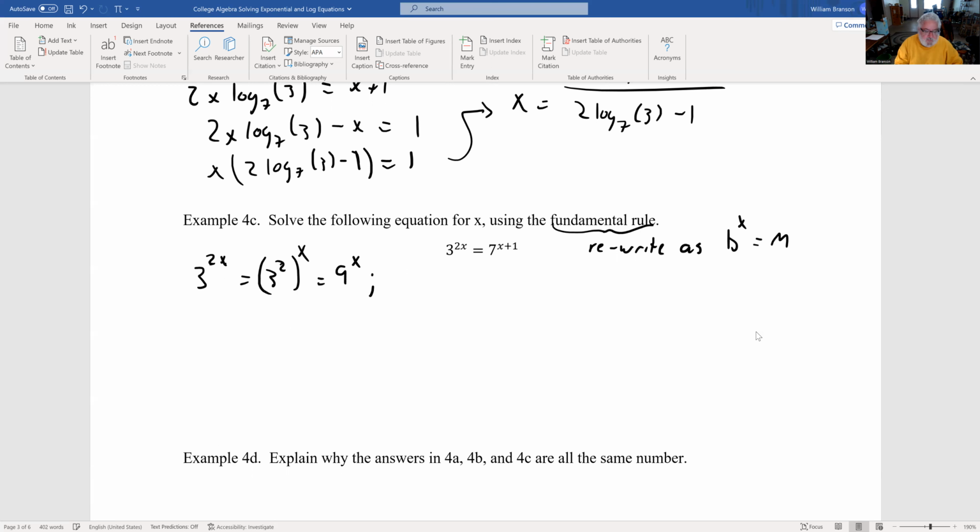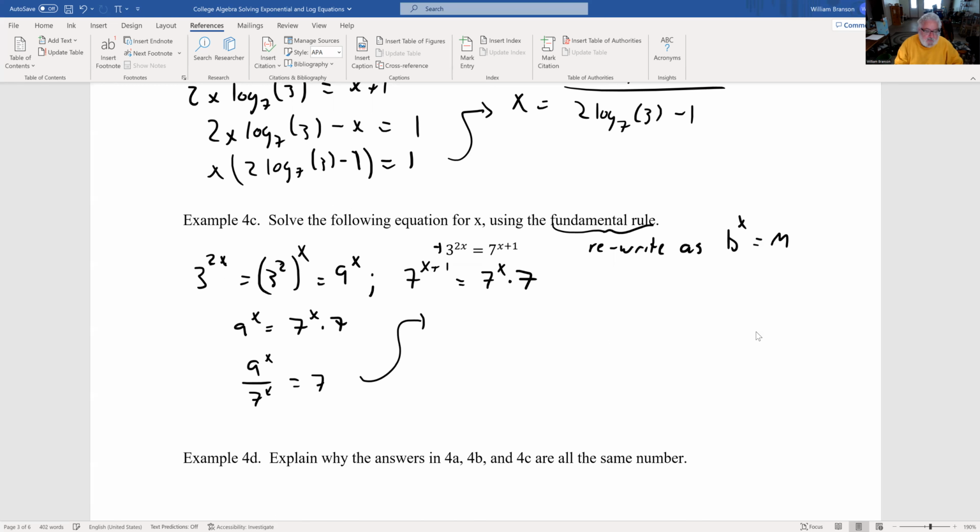That's the left-hand side. The right-hand side is 7 to the x plus 1, and that's the same thing as 7 to the x times 7. Great. So we can rewrite this equation then as 9 to the x equals 7 to the x times 7. Divide both sides by 7 to the x, you get 9 to the x over 7 to the x equals 7.